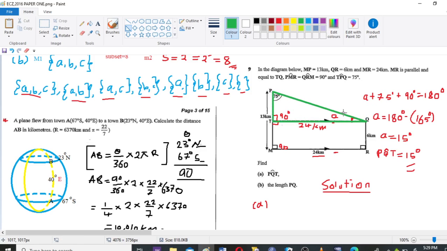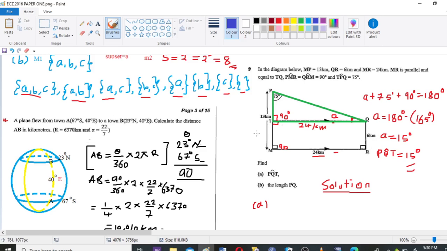So we have a triangle, and this side at the bottom is 24, right? And from P to M we have 13 kilometers as the distance, and 6 kilometers is the distance for QR.